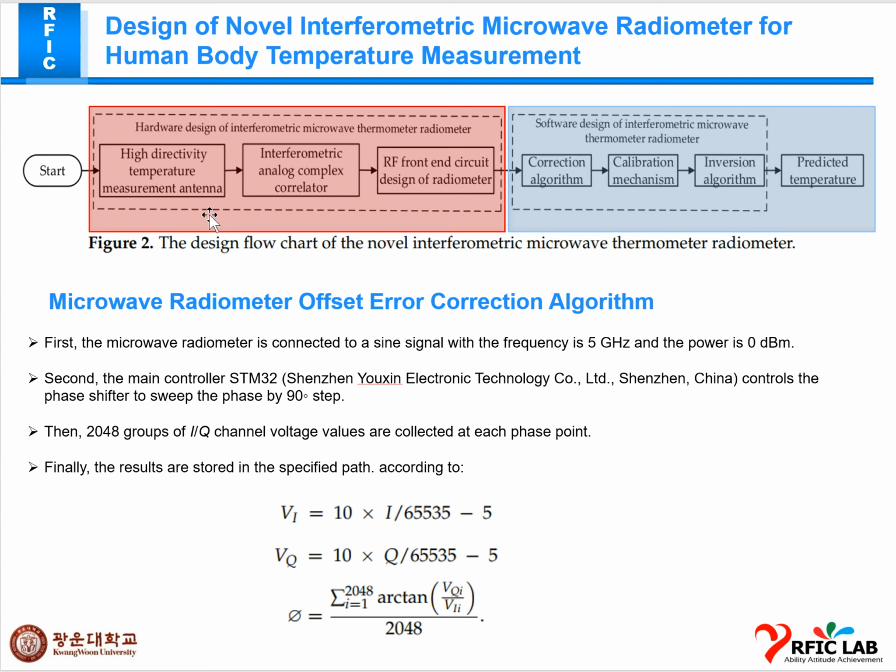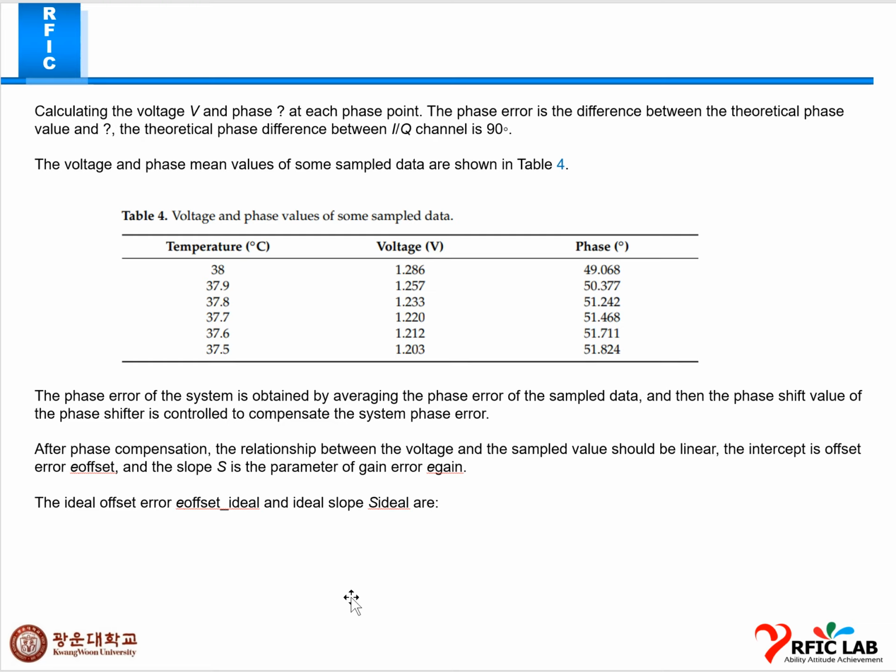This equation is used for the correction algorithm, and further we are going to use it for calculating the voltage and phase at each point, and the difference between the theoretical phase and the value. Now comes the point: the phase and the phase error of the system is obtained by averaging the phase error of the sample data. Then the value of the phase shifter is controlled to compensate the system phase error.